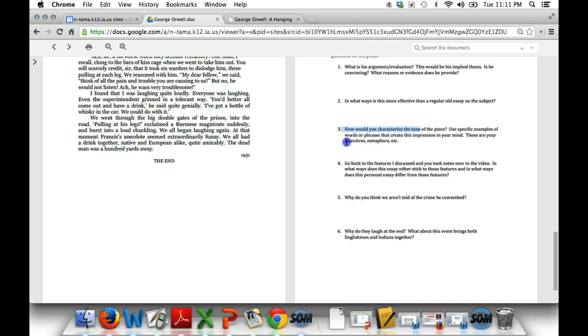And these are adjectives. Adjectives, remember, describe a noun. Metaphors, symbols, similes, all those kind of things. How do those set the tone and the mood of this piece?